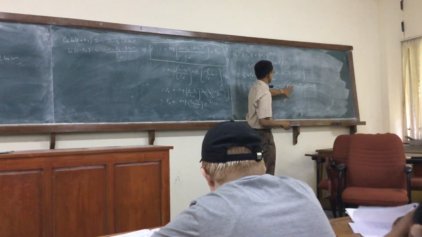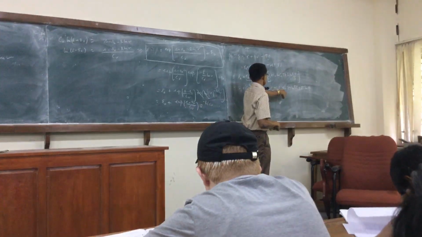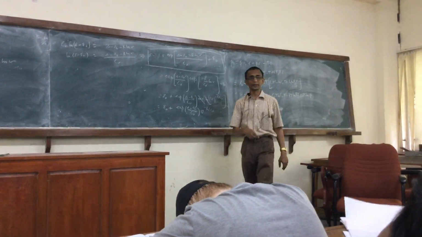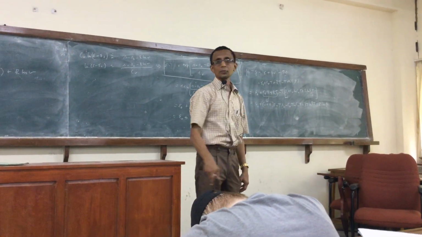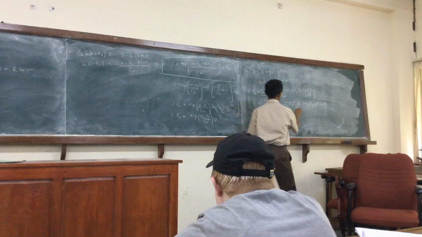Now I get two terms which look very similar. I have minus CvT logarithm of CvT minus RT logarithm of RT, and then I am left with minus RT logarithm of 1 over T, which will become plus RT logarithm of T.